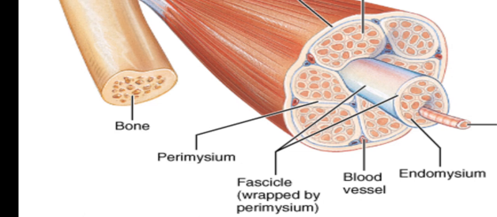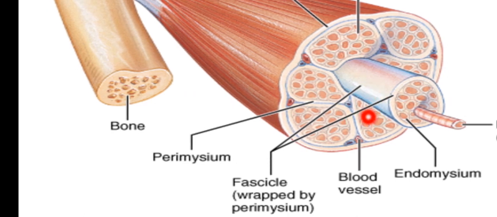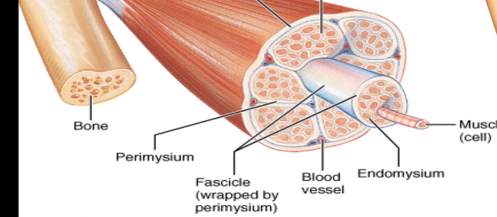So, in short, we're just focusing on what we call a fascicle. Remember we said that the entire band of muscle is called a fascicle, and this fascicle is wrapped by the perimysium. So this is what I was talking about. This is the perimysium layer of connective tissue that is surrounding the entire bundle of muscle, which we call a fascicle.